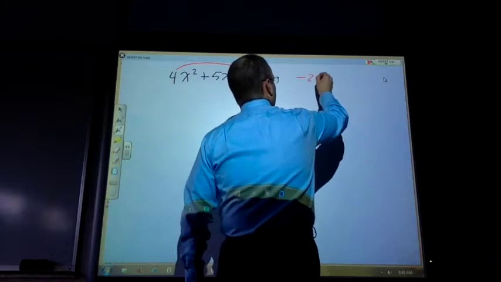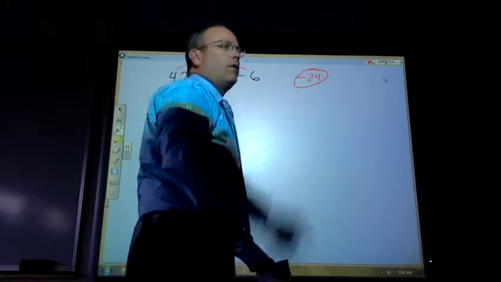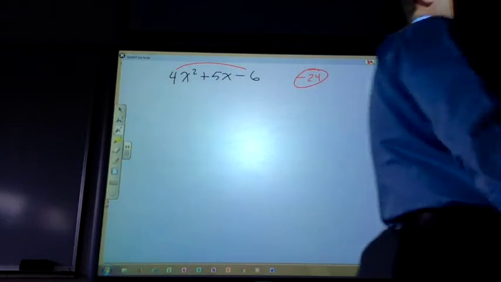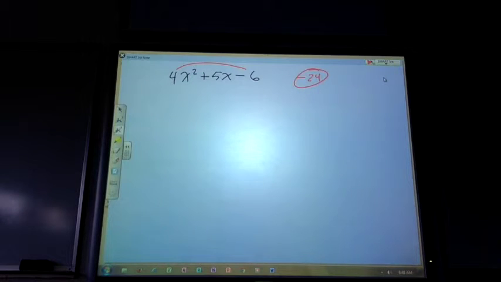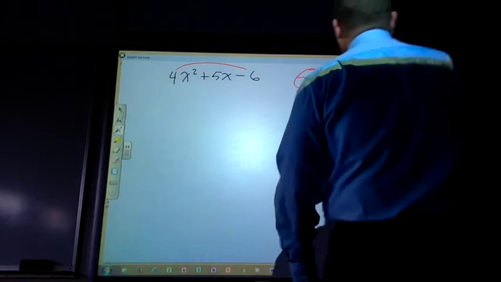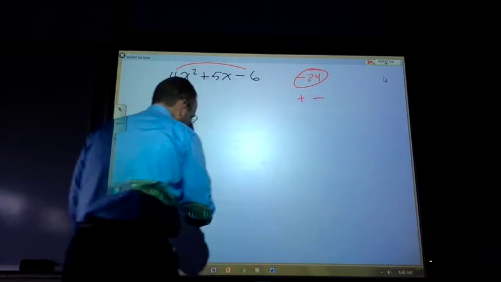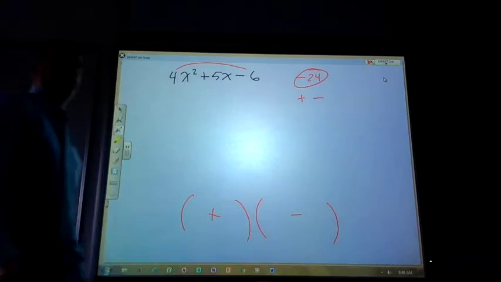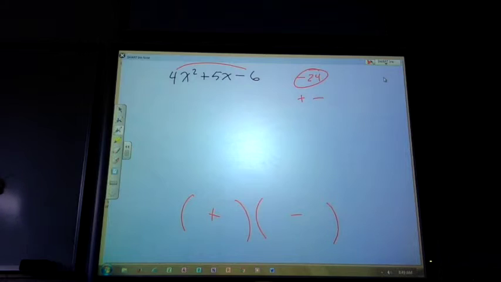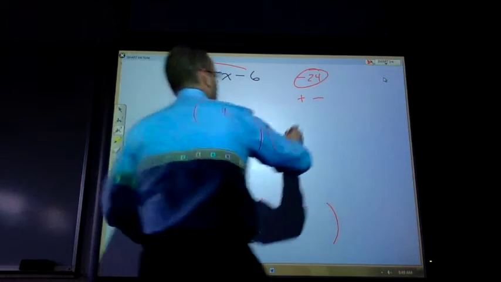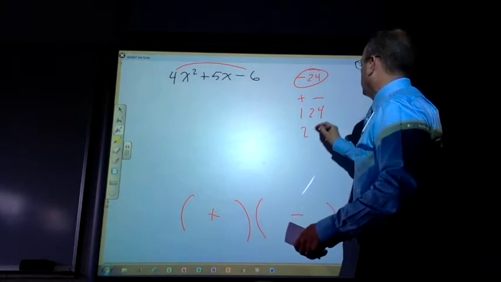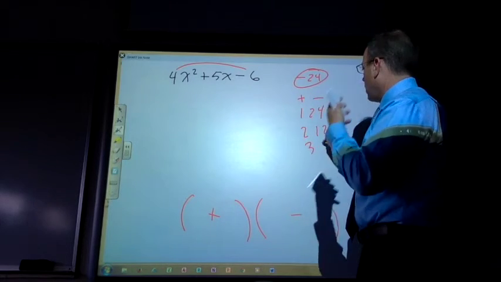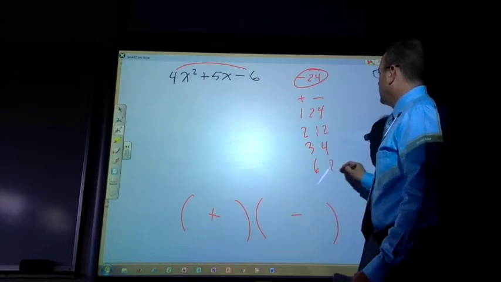Good. Kieran, in order to get a negative number, I have to multiply 2 positives, 2 negatives, or 1 of each. 1 of each. You're still right. So that tells me that my answer, if it can be done, is going to look like that, okay? All right. Just for quickness, we'll go 1 and 24, 2 and 12, 3 and 4, 6 and 2.